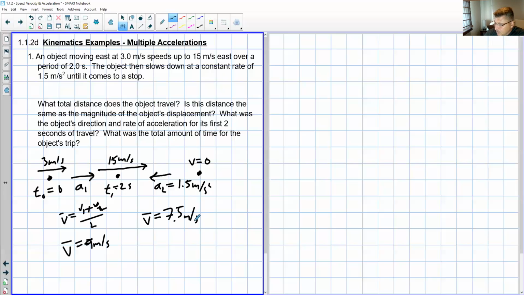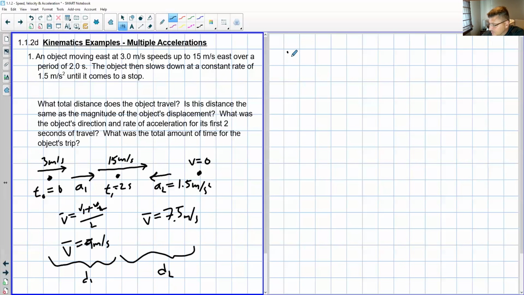All right. So I know that I traveled at an average of 9 meters per second for 2 seconds there. So the distance for the first segment, I'm going to call that distance 1, and we'll call the distance for the second segment distance 2.